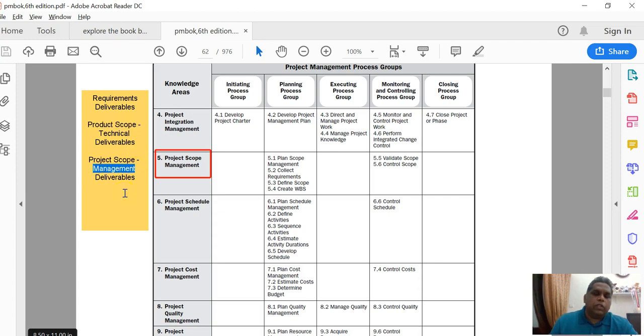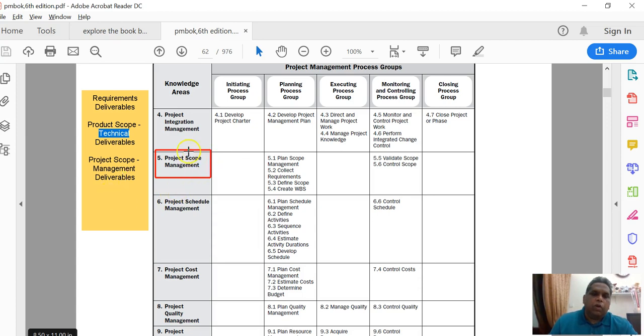Your quality register is an example of a management deliverable. The plan that you create, the schedule that you create, the work breakdown structure that you create, they're all examples of management deliverables. Whereas the code, the design of the application, the testing of the application, those are all examples of technical deliverables.